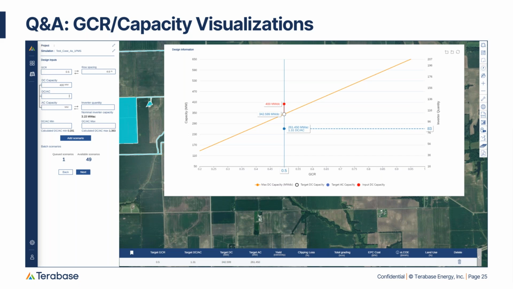Another question is, can I use a KMZ file to define my site boundary or constraints? I'll let you answer that one, Benj. Yeah, definitely. When you're creating a site plan, there's a couple different ways you can do it. We've got a parcel layer that you can click on and create boundaries based off the parcels. And we also have exclusions that you can create based off different layers that we have, like slope or wetlands.